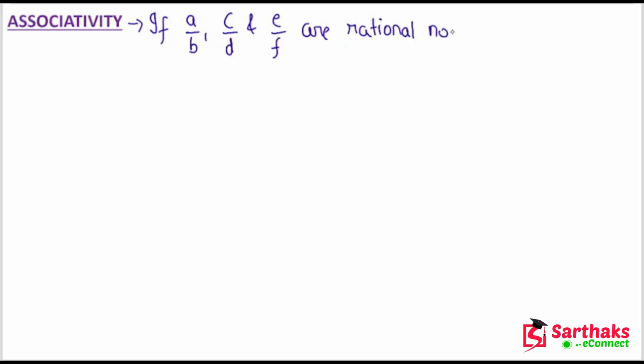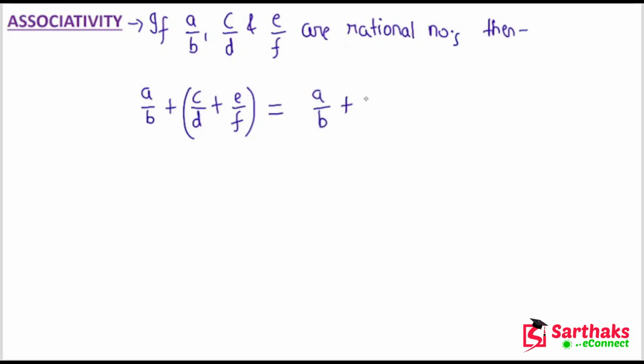So what associativity says is that if a upon b, c upon d and e upon f are rational numbers, then a upon b plus (c upon d plus e upon f), where c upon d and e upon f are added first, is equal to (a upon b plus c upon d) plus e upon f, where a upon b and c upon d are added first.